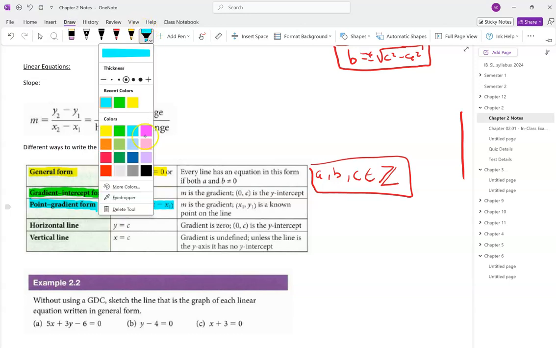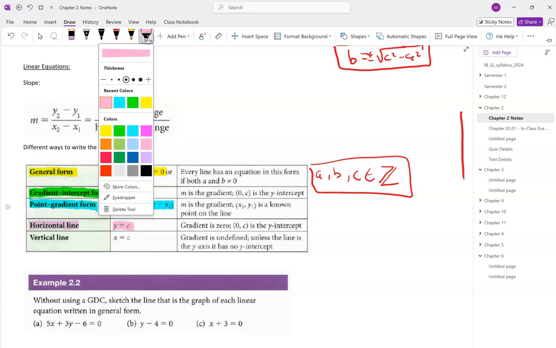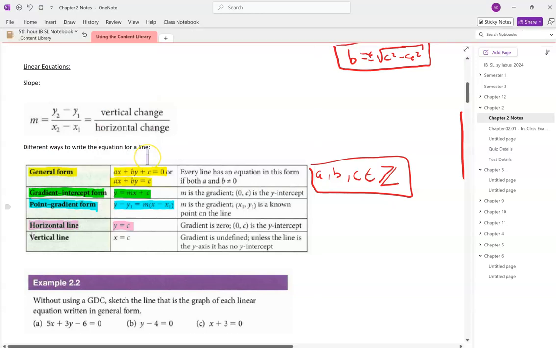And then here we've listed also the two special cases if I have a horizontal line or a vertical line. Remind me what the slope of a horizontal line is again? 0. So it's essentially still that gradient intercept form. We've just plugged in 0 for m and multiplied it by x and then added c to just get c, right? The one that usually causes confusion is the vertical line form. What's the slope for a vertical line? Undefined.